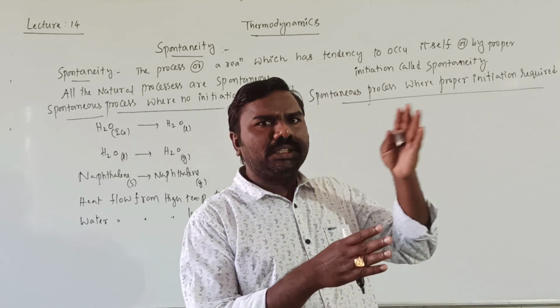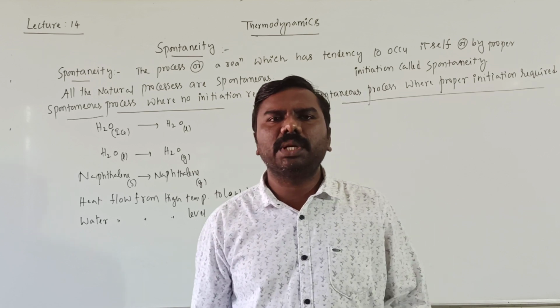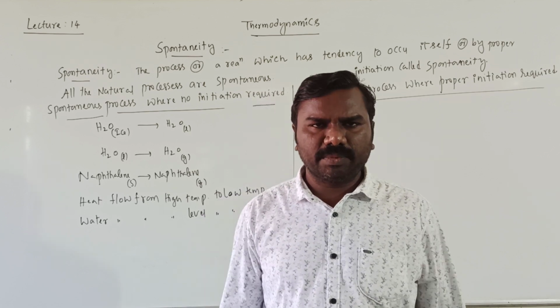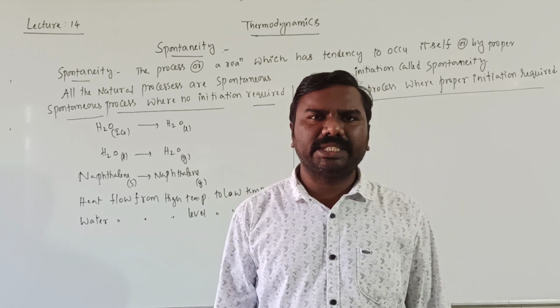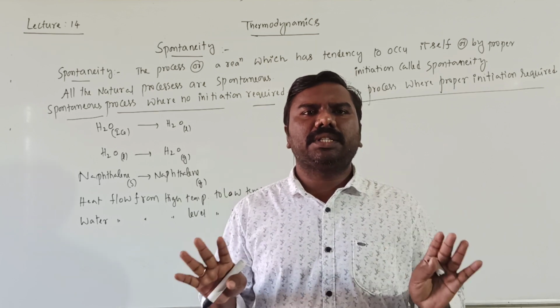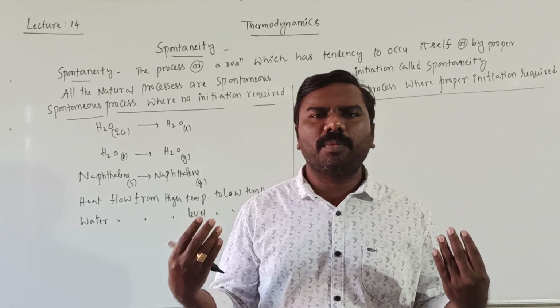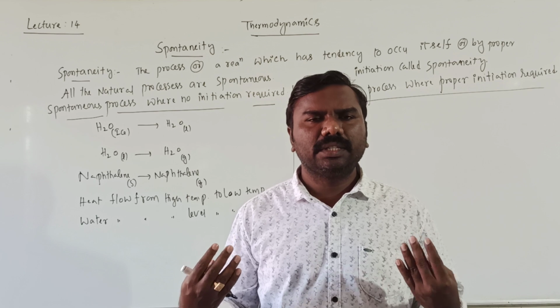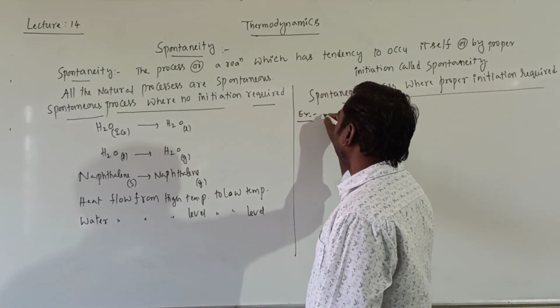Afterwards the reaction continuously goes on by itself. For example, burning of a candle. In the beginning you just ignite the candle with a matchbox. Then leave it. It burns continuously. It is made up of wax. Like that, many examples.